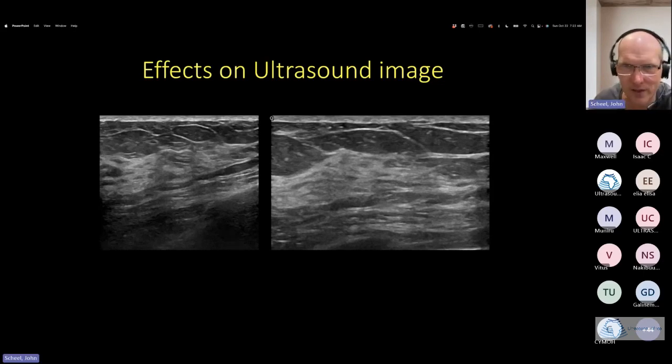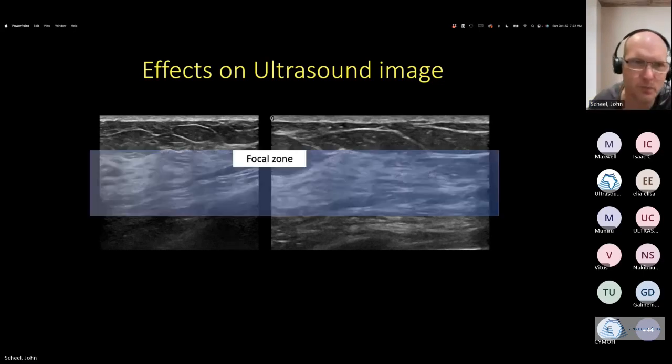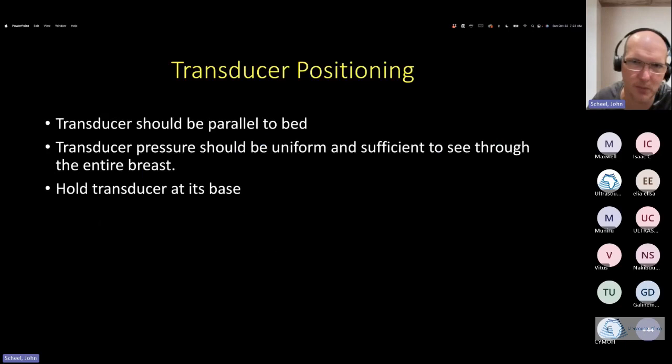So the one on the right is better. That's the focal zone, and I'll get into that in a second. But that shows you that the focal zone here is going across the fibroglandular tissue, the white tissue, which is what you want because that gives you better resolution.